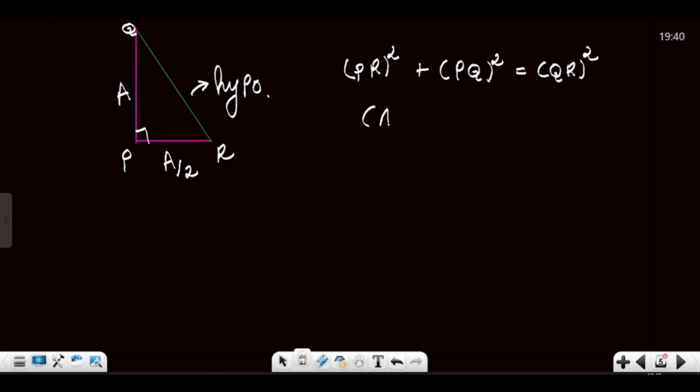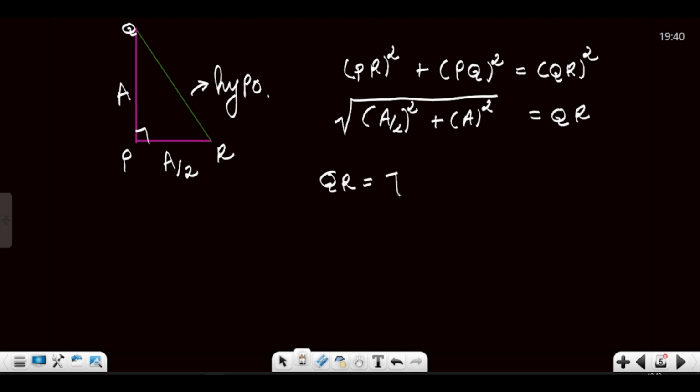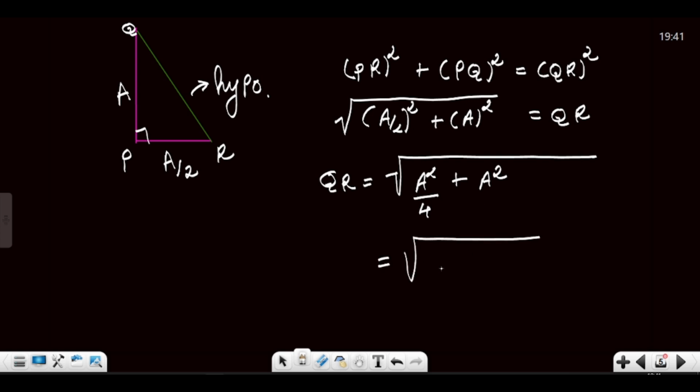PR is A by 2 square plus PQ is A square. Root of this whole will give us QR. So QR equals under root A square by 4 plus A square, which equals under root A square into 1 by 4 plus 1.